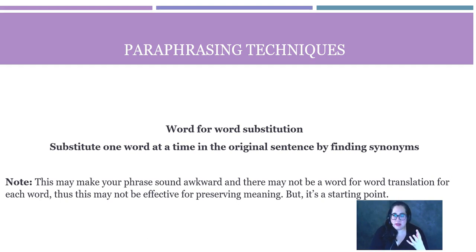So if you're trying to replace a word in a sentence in order to translate it, that might not be an effective solution in order to preserve the meaning of the entire sentence. But it's a great technique because it's a starting point, because you may just need to substitute 1 or 2 words in order to be more effective and to be more clear.